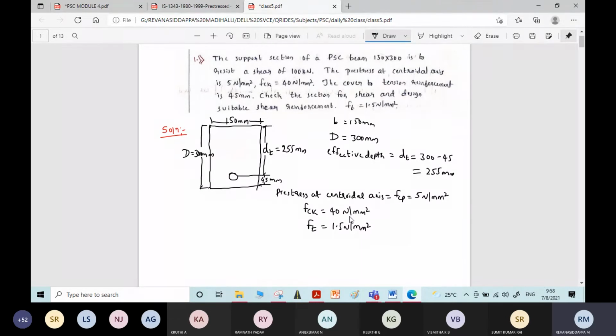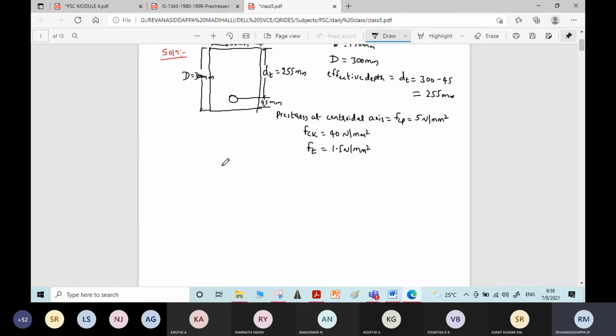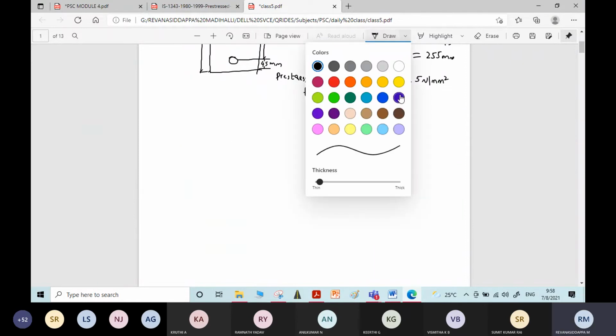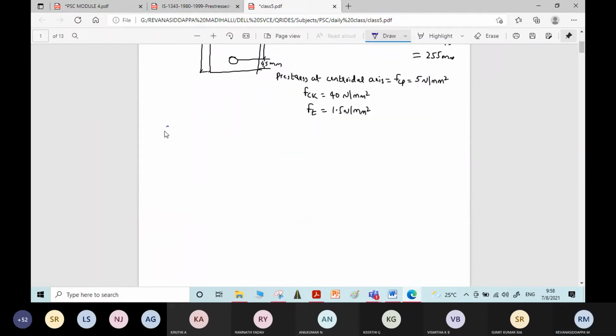Now we will follow the steps. What is the first step? We need to find Vc0 first. Before that, you find the factored shear force, the external shear force.